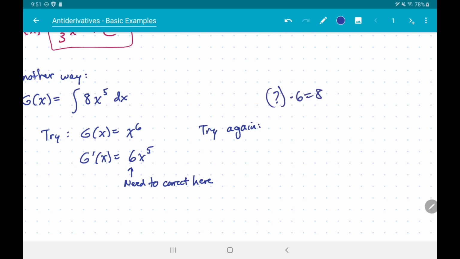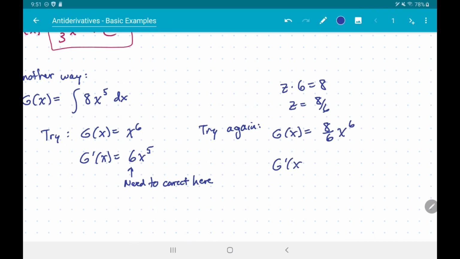Well, let me just say, z times 6 equals 8, and I got to solve for z, 8/6. So if I let g of x be 8/6 x to the 6th, then g prime of x will be 8/6 times 6x to the 5th, and that leaves us with just 8x to the 5th once those 6's cancel.